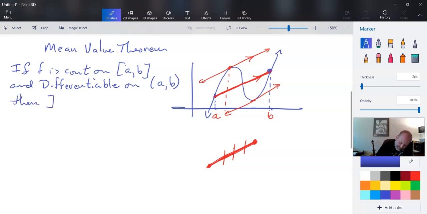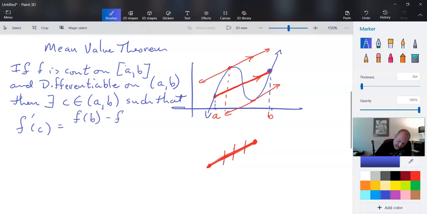there exists, remember the backwards E means there exists, a value c in the open interval (a, b) such that f prime of c is equal to the slope, the average rate of change.